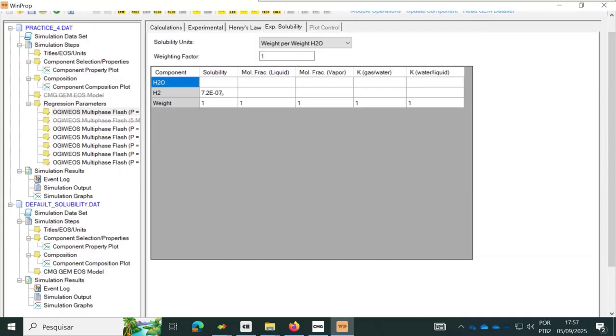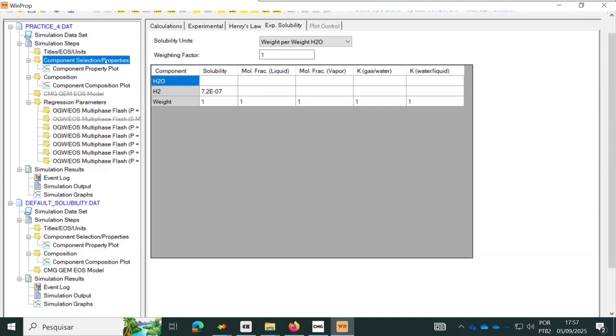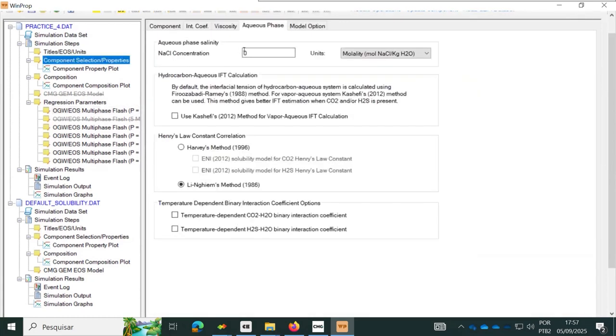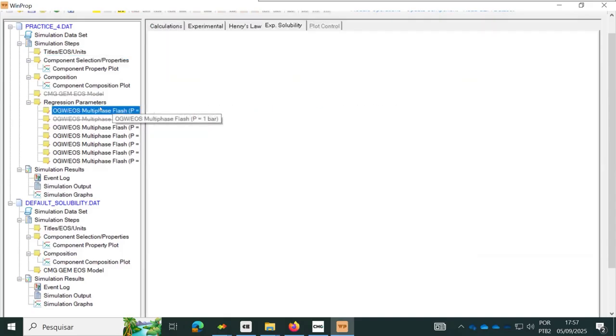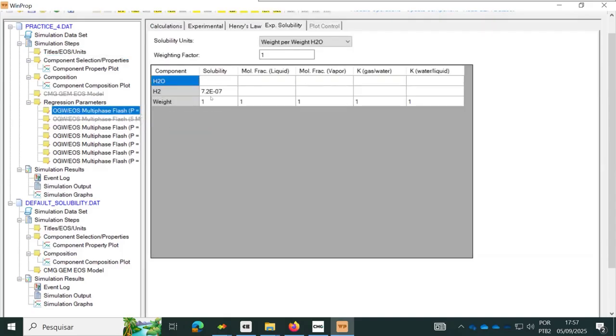So we don't need to include the salinity effect here, because I will skip this part and I will rely on this number to calibrate the model. So I set the experimental data, and I will allow this number to overcome the default parameter in order to calibrate this model.